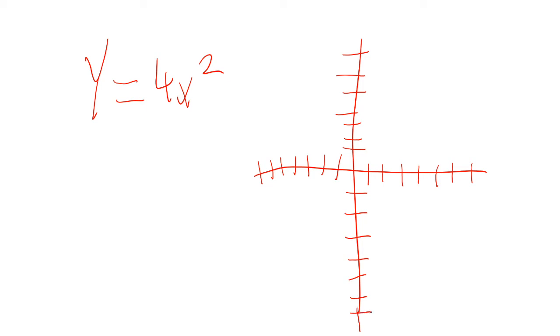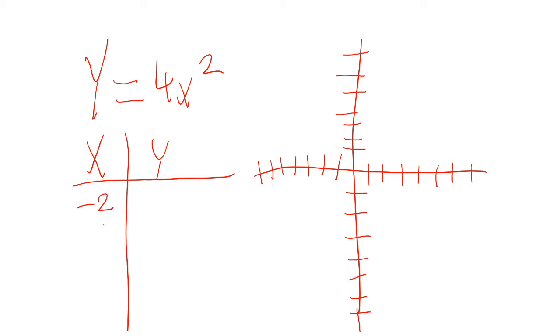Alright, so hopefully you've graphed it. We're going to do the same thing. Create a table, x and y. We put in our inputs, -2, -1, 0, 1, 2. Easy. Now, we plug it in.